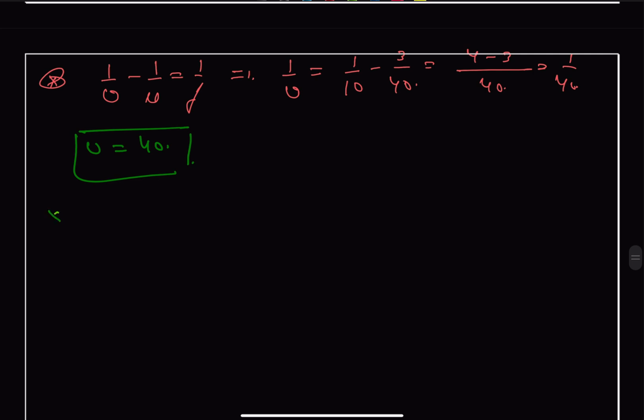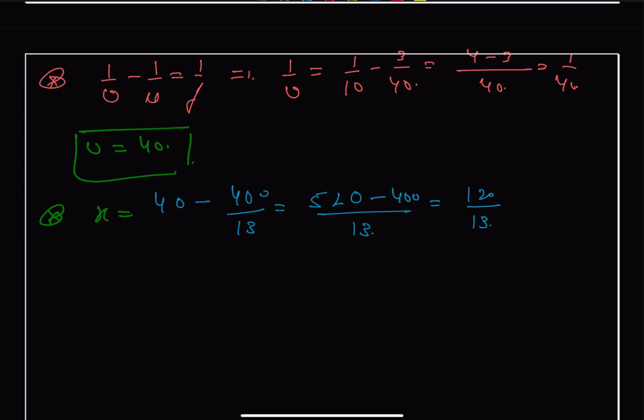We can say our x is equal to 40 minus 400 by 13, and this comes as 520 minus 400, and this will be equal to our 120 divided by 13. Okay.